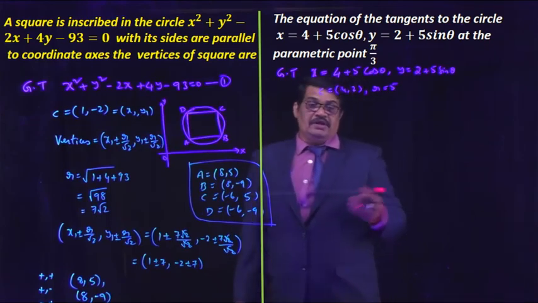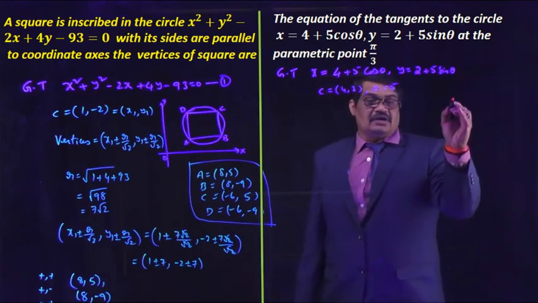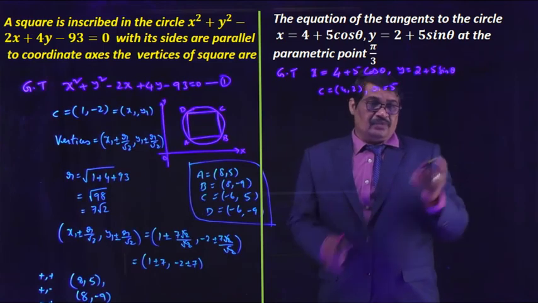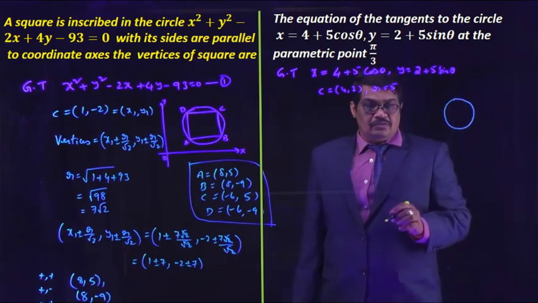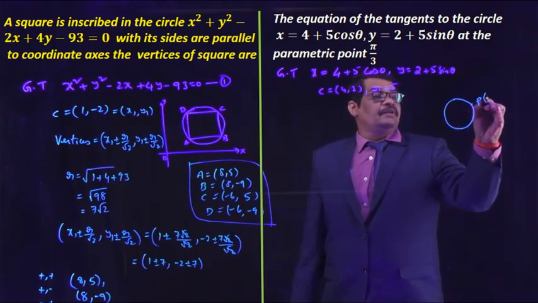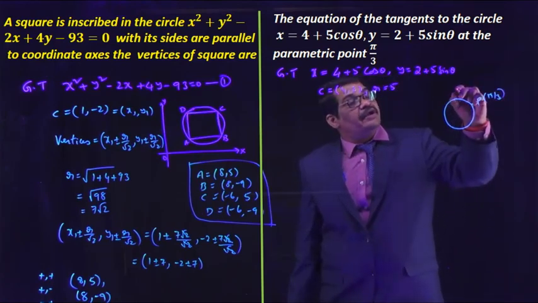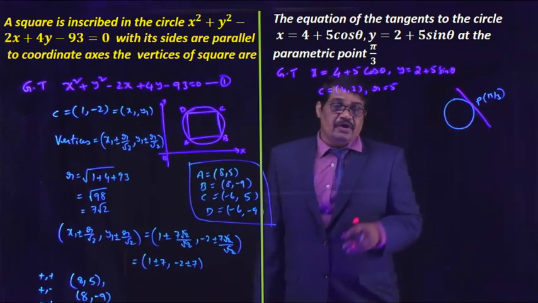So what is the parametric point? x1 plus r cos theta, y1 plus r sin theta. So this is the circle. Now we have to find the equation of the tangent at the parametric point pi by 3. Now we are writing the tangent at this point to the circle. So what is the formula?